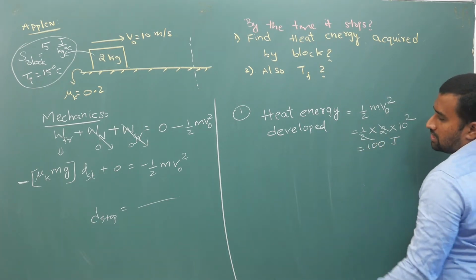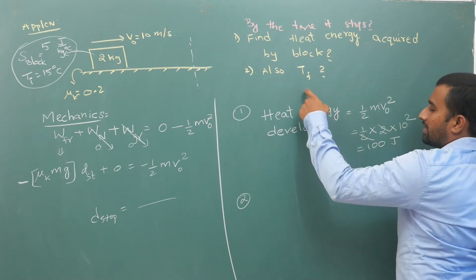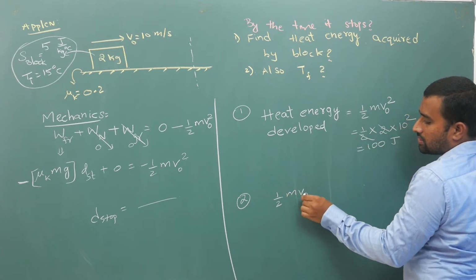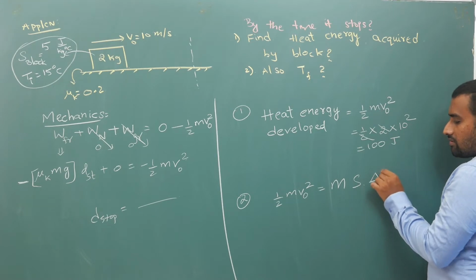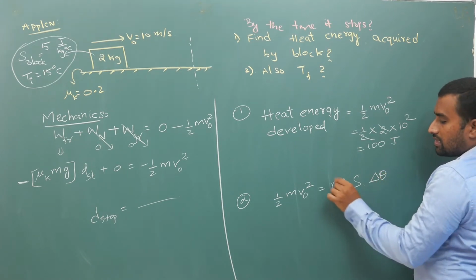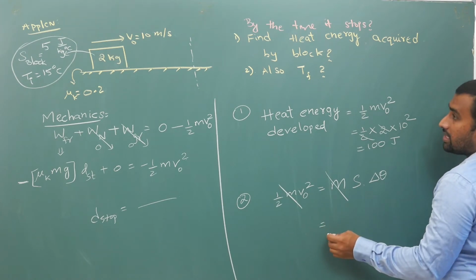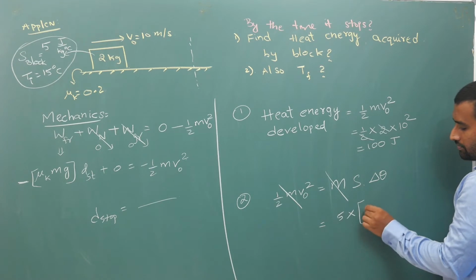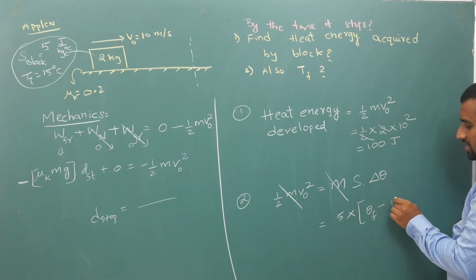Next, coming to the final temperature, this half m v naught square, which is your heat energy, you can write as mass m into specific heat of the block into delta theta. M will go off from here. Your specific heat is given as 5 times theta final minus the initial temperature, which is 15 degrees.